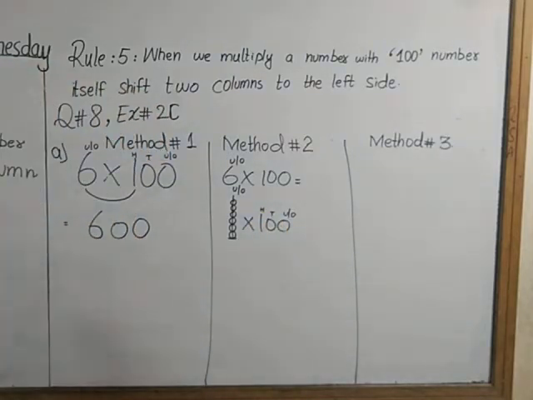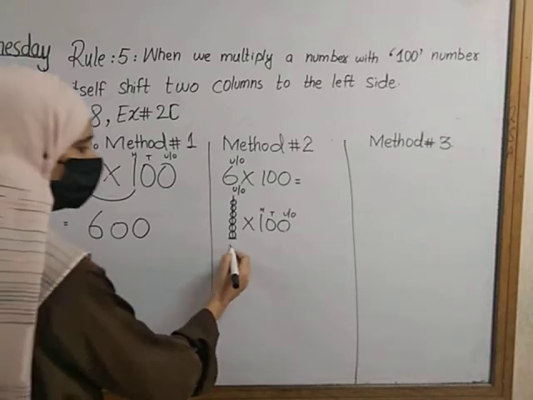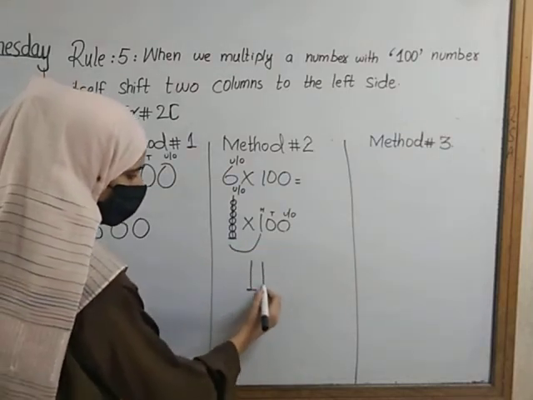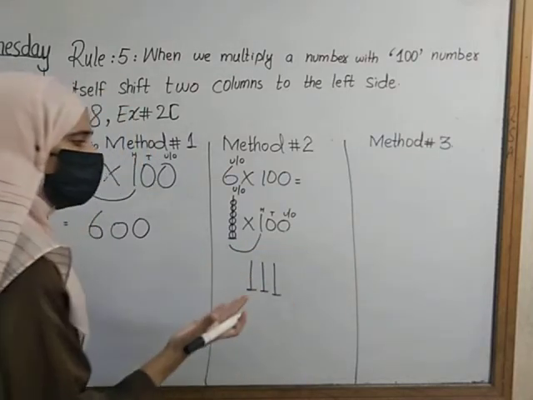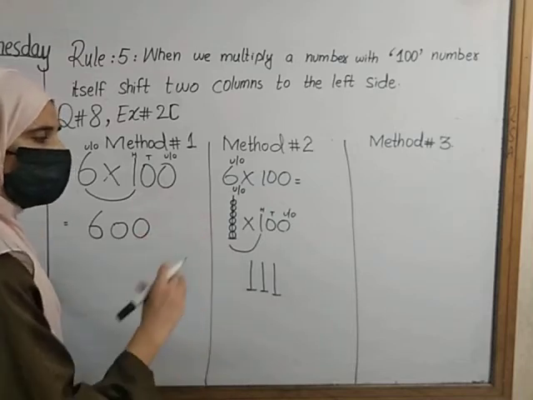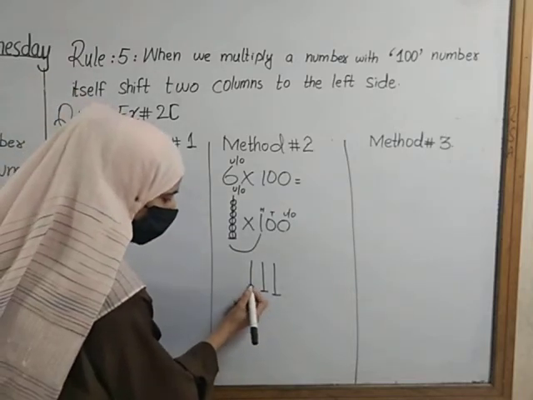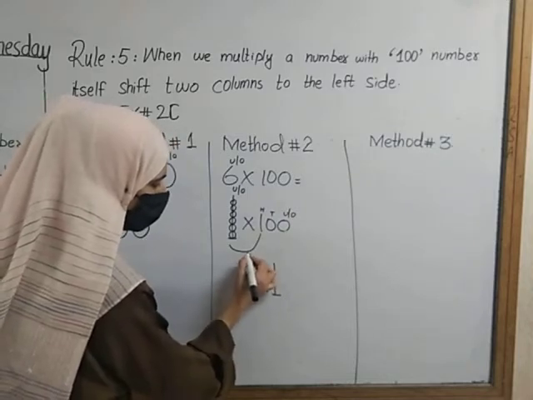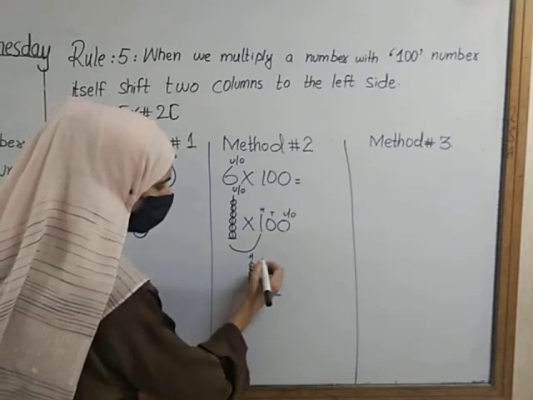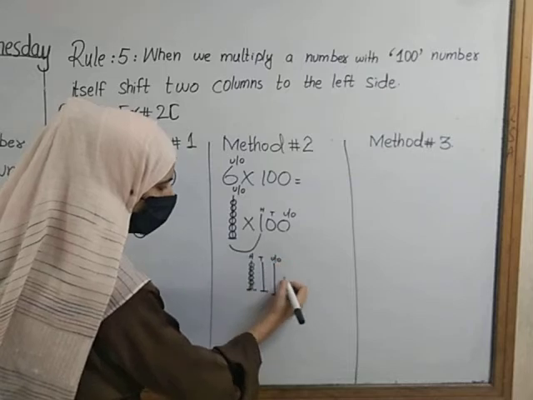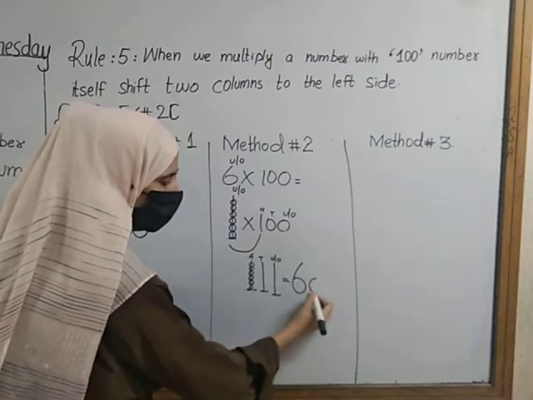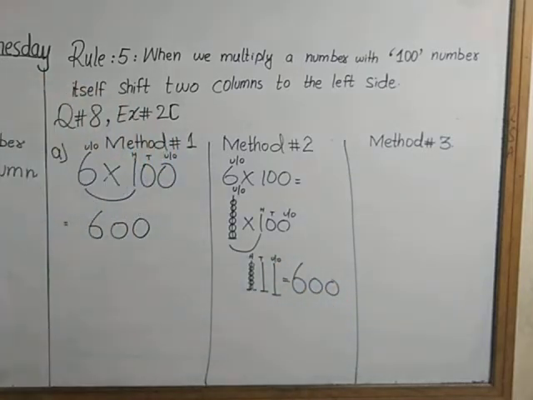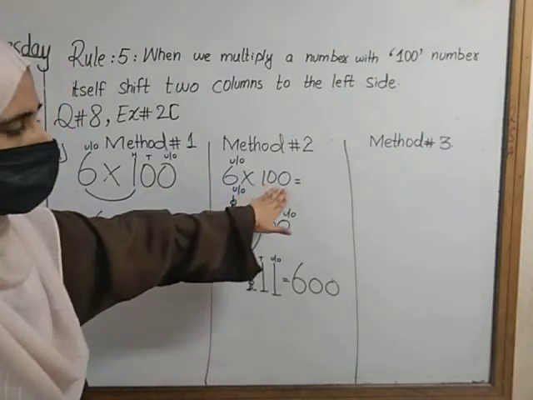Now shift the 6 into the 100 place value and make tens as 0. Make the ones place value number as 0. So the number is 6, 0 and 0. Write 6 and add 2 zeros.